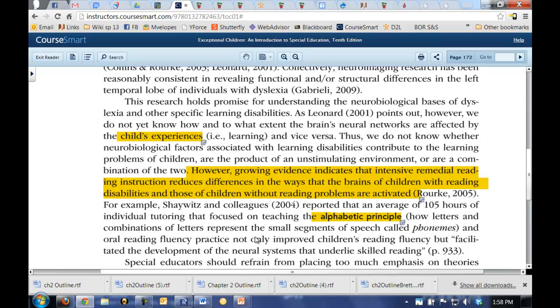Thus, we do not know whether biological factors associated with learning disabilities contribute to learning problems, are the product of an unstimulating environment, or a combination of the two. Yikes. However, growing evidence indicates that intensive remedial reading instruction reduces differences in the way that the brains of children with reading disabilities and those without work.